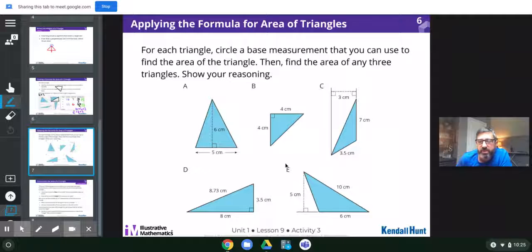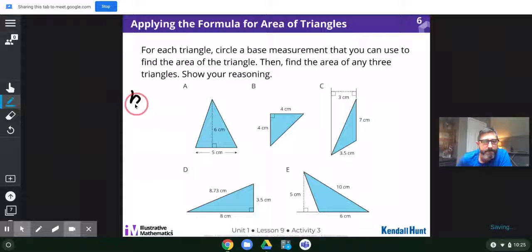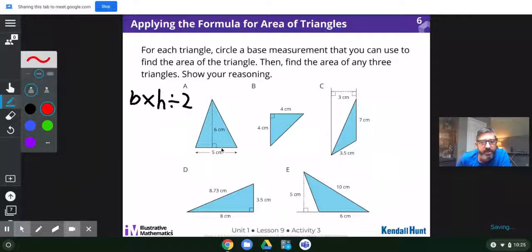So we'll do a couple of these and then we'll get you out of here. So let's look at A here. What is our base? Can you pick out the base for me? Top. 5. 5, that's right. Let me write this on here. Okay, so I'll circle our base in red.